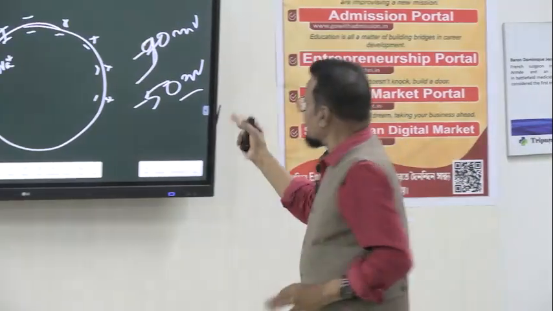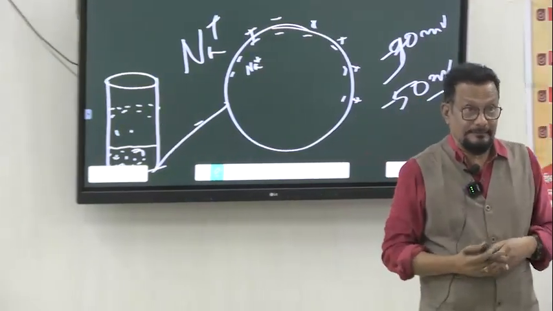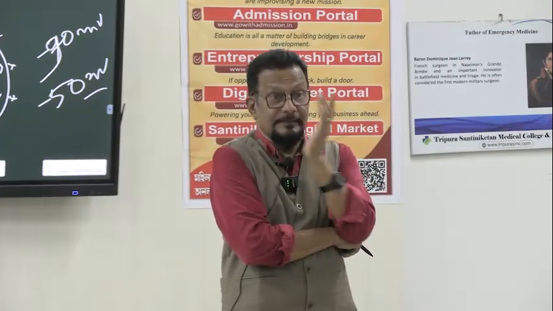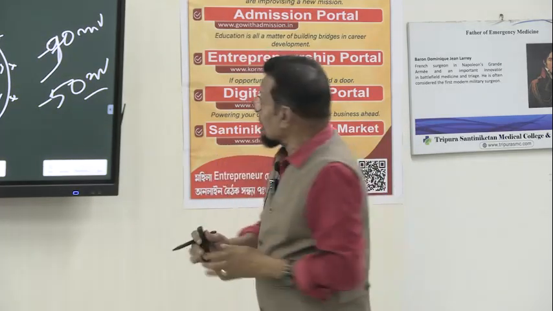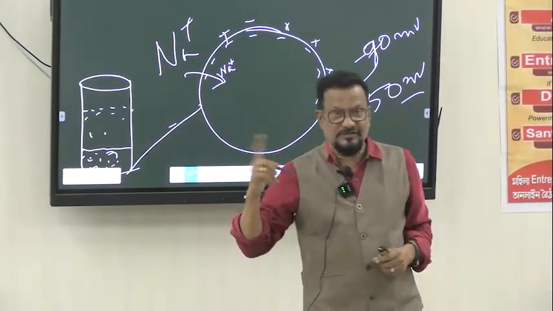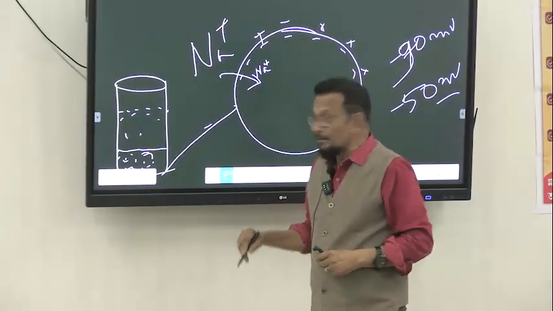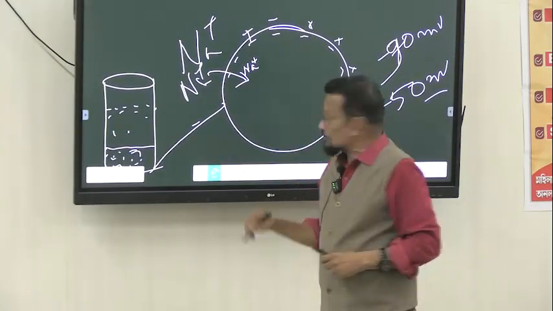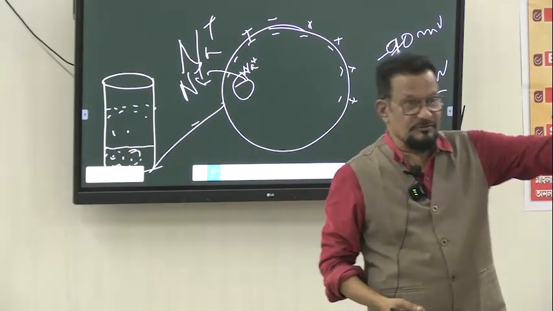Okay, now it has produced this. A lot of sodium ion entered. Now what will happen to this cell? Action potential is done. Then it has to be brought back to the normal position. How? Sodium has entered here and caused depolarization and ultimately action potential. Now what will happen to this sodium ion? Still sodium ion is much more outside. So the sodium ion which has entered has to be returned to the outside.